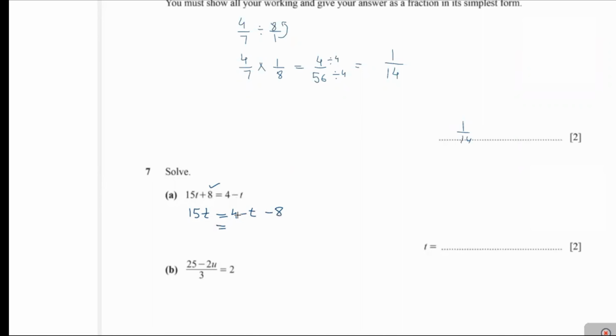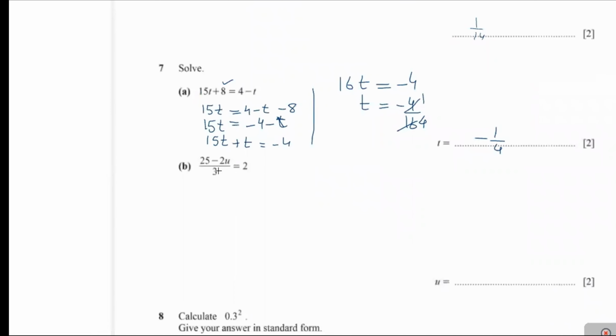Now next, 4 minus 8 becomes minus 4 minus t, and that is 15t. Now we shift the t from the right to the left side. That becomes 15t plus t equals minus 4. Therefore, that becomes 16t equals minus 4. Therefore, t will be equal to minus 4 over 16. And that becomes 4 times 1 is 4, 4 times 4 is 16. We write t equals minus 1 over 4.